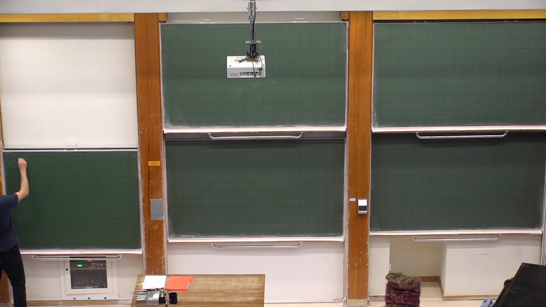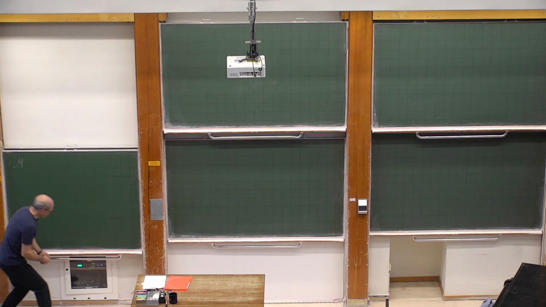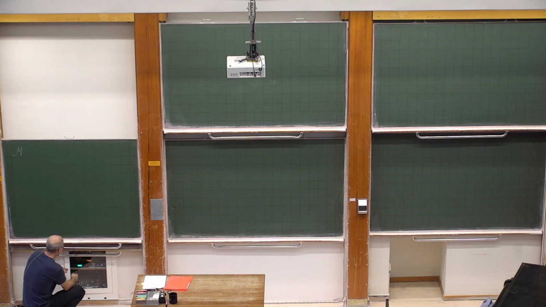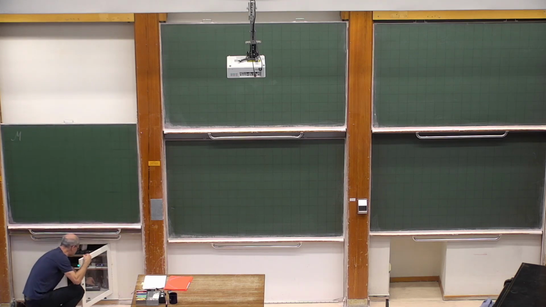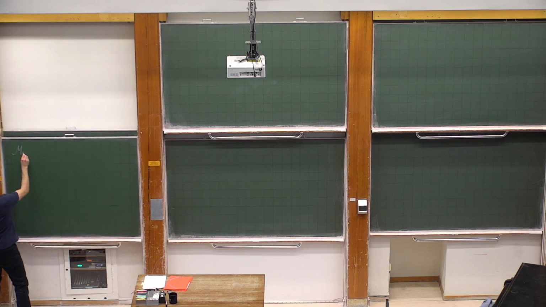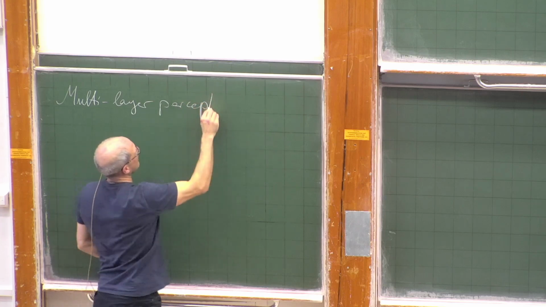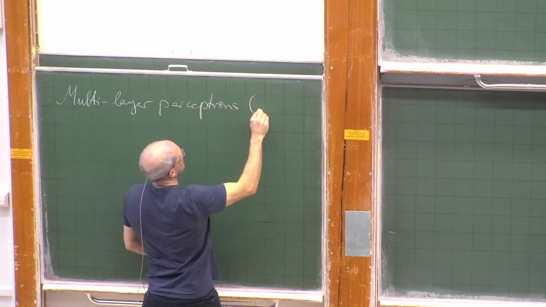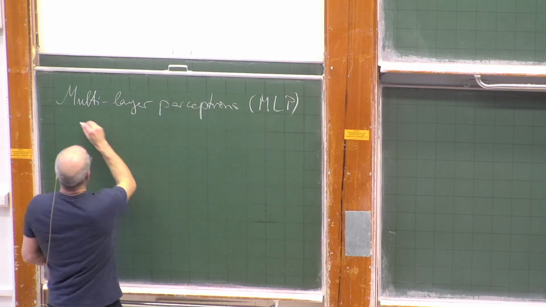And today we make this transition from linear models and so on to neural networks. And we make the connection through multilayer perceptrons, or MLP for short.